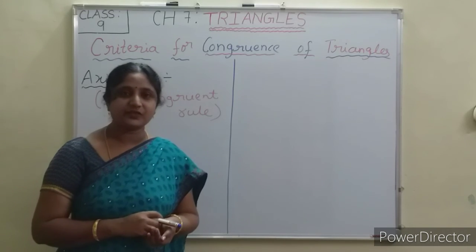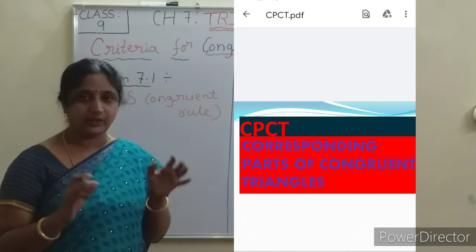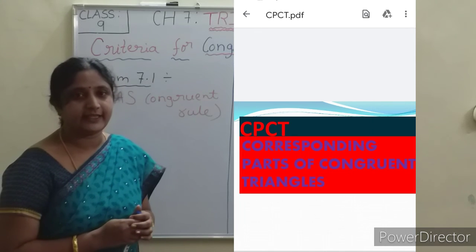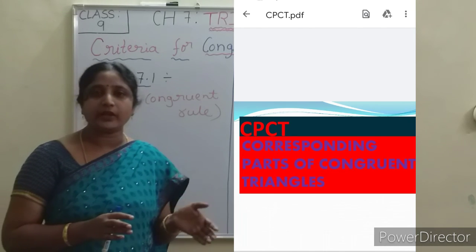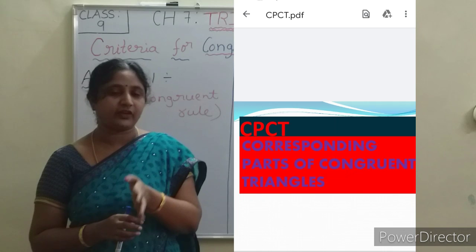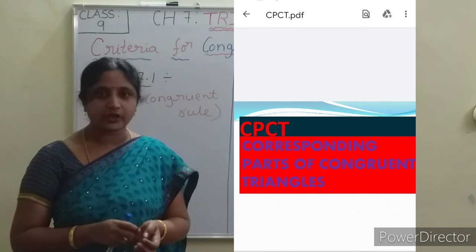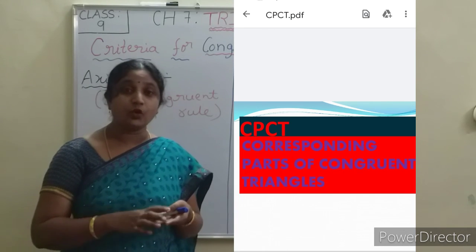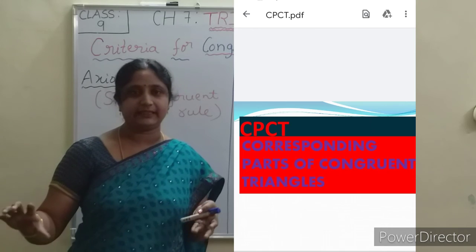Children, in the last video, I forgot to tell one main important point: corresponding parts of congruent triangles are equal. Always, there is no need to write the full sentence.